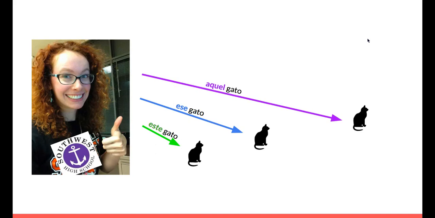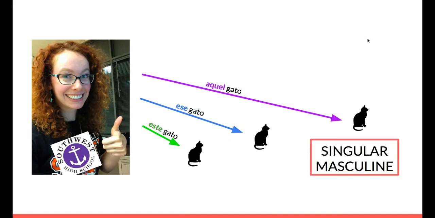So I've got este, ese, aquel. These are demonstrative adjectives in Spanish. Este gato, ese gato, aquel gato. Since I'm talking about one cat, and el gato is masculine, these are my demonstrative adjectives for singular masculine nouns.